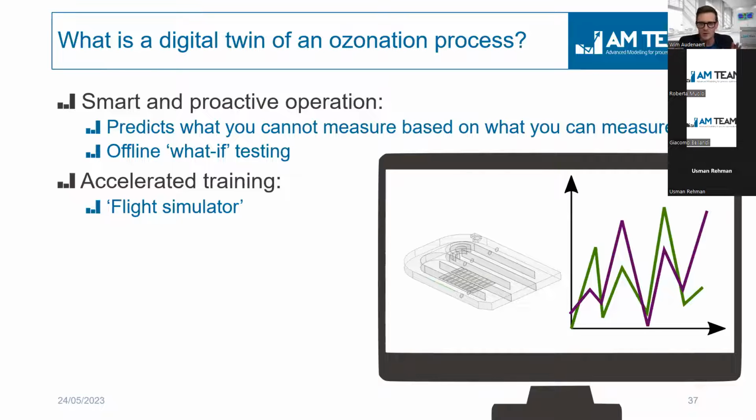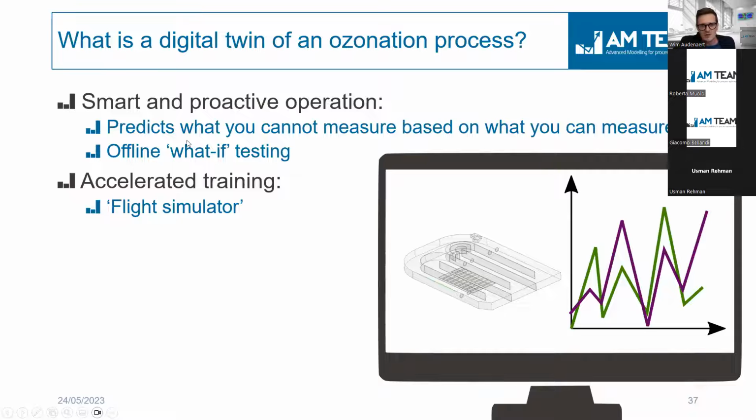For example, when you look at ozonation, just imagine you would have a digital twin that predicts in real time your bromate, the removal of your target contaminants, for example, a set of 10 or 11 or 5 chemicals of interest. That would be of value because you cannot measure them in real time, but the operation depends on it. So this is really smart and proactive operation.